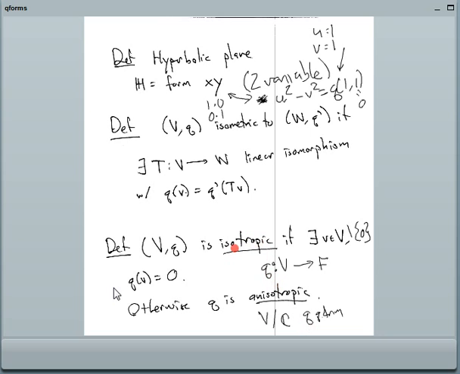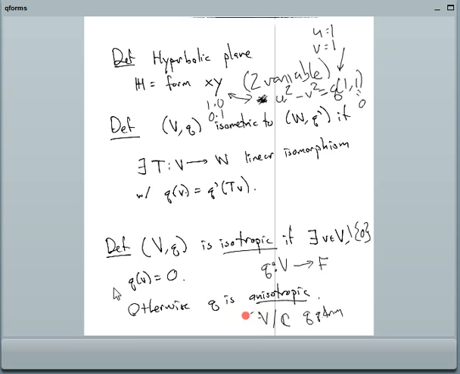But there are interesting non-degenerate bilinear forms. The standard bilinear form will give a non-degenerate form on your vector space, the standard dot product.